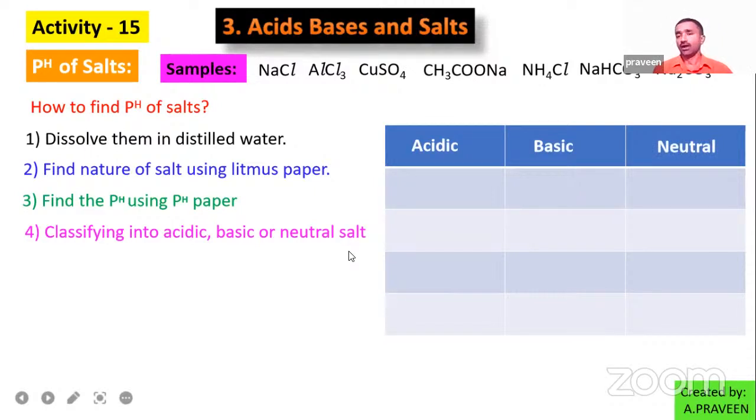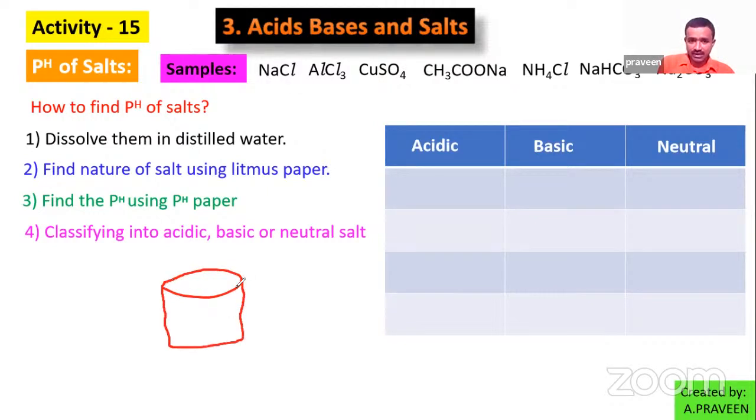So here, NaCl. First sample I am taking is NaCl here. So NaCl taken, and into a beaker I'll take water, then add that NaCl and dissolve. After dissolving, you will get a liquid solution of NaCl called brine solution. Okay, prepared.